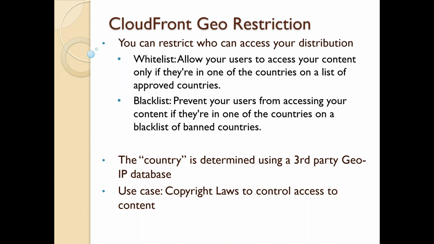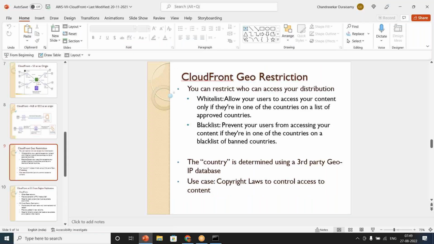Say tomorrow our government says Facebook is banned in India, how will they do it immediately? They will put India on a blacklist, so based upon our IP, we will not get the page. You can use this geo restriction feature to do that. Let's see how to do that also.